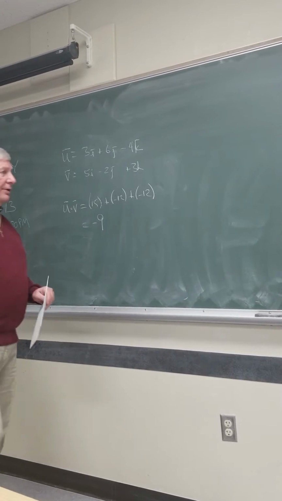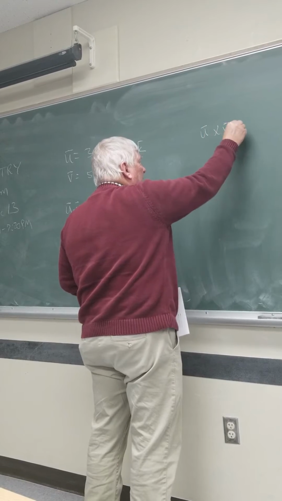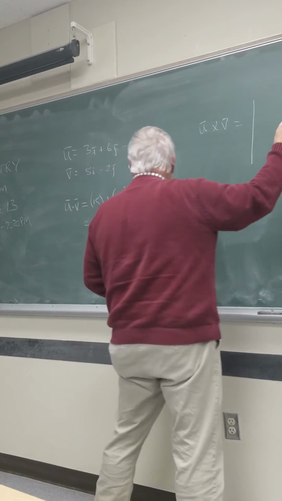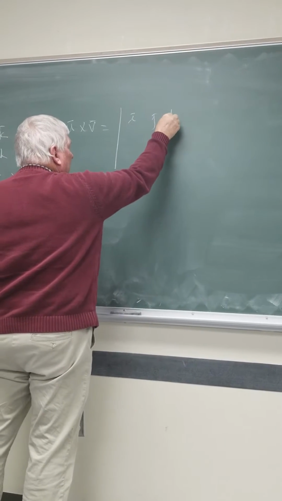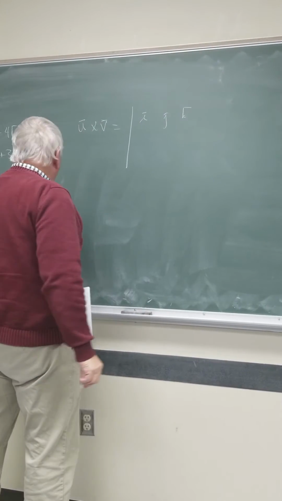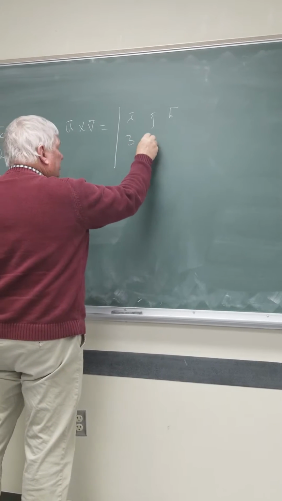Number 2, the same vectors. We want u cross v, which is the determinant. The first row is i, j, and k, and the second and third rows are the coefficients of the vectors.